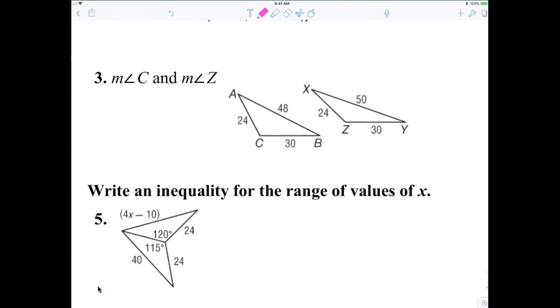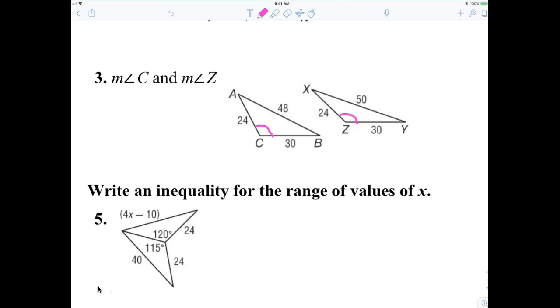All right, so let's look over here. Hopefully it gets harder. In this particular case, what can we say about angle C and angle Z? Reagan, what do we got? Okay, so you have to find the angle, right? Yep. We're looking at this angle right here and this angle right here.